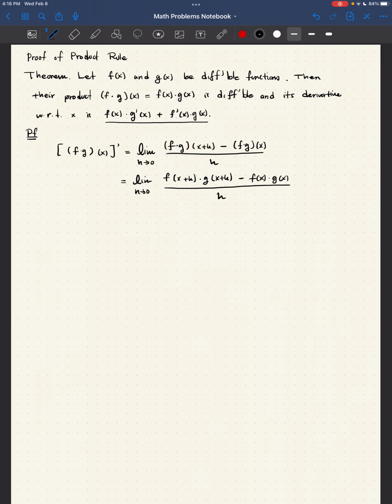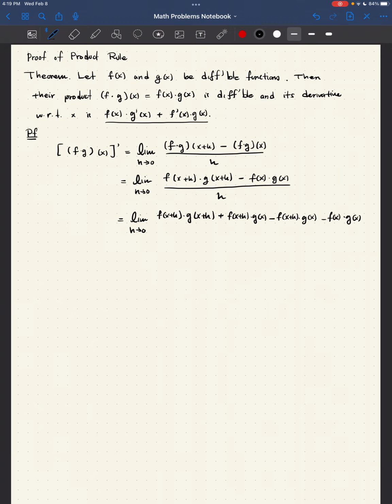Well, then from here is where the actual trick comes into play. Because now I'm going to introduce a fancy zero. I'm still going to compute this limit, but I'll do it in the following way. I have f of x plus h times g of x plus h plus f of x plus h times g of x minus f of x plus h times g of x minus f of x times g of x.